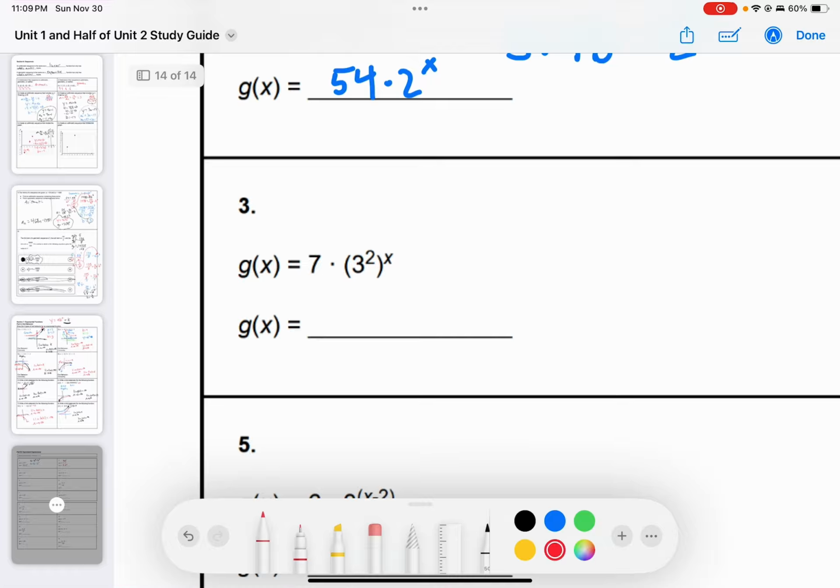All right. Next one, we got a 7. When I've got a power here, I can kind of work backwards. What does the power mean? It really means to multiply the exponents.